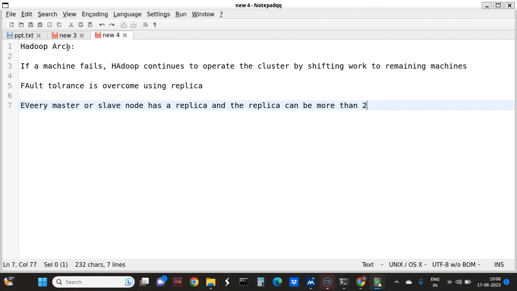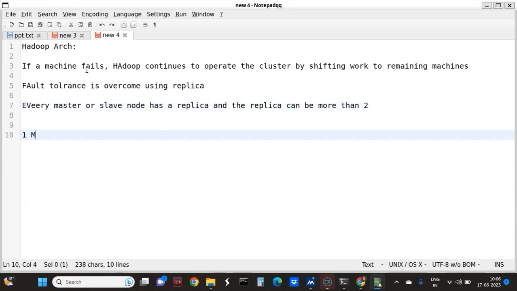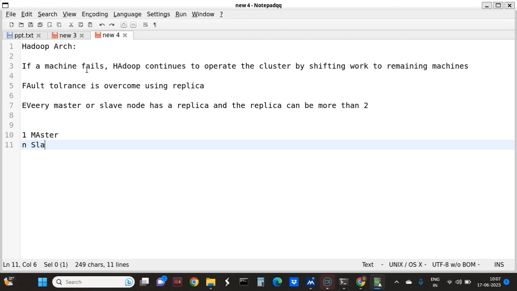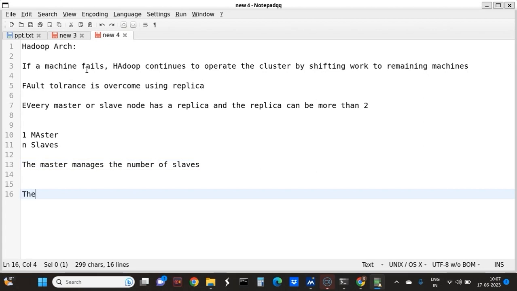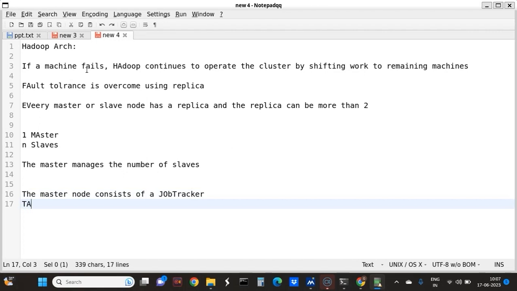So we have just seen the components. First we have one master and slaves. The master manages the number of slaves. The master node consists of a job tracker, task tracker, name node, and data node.